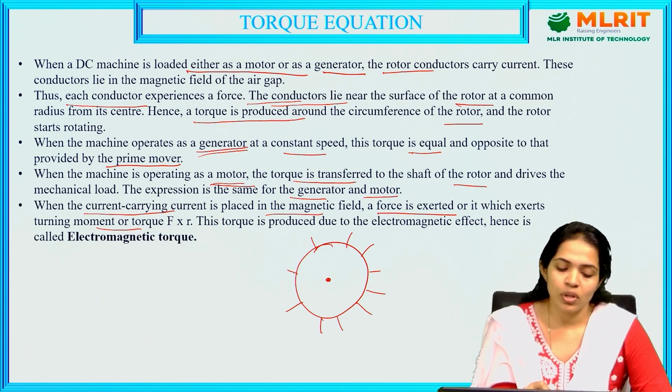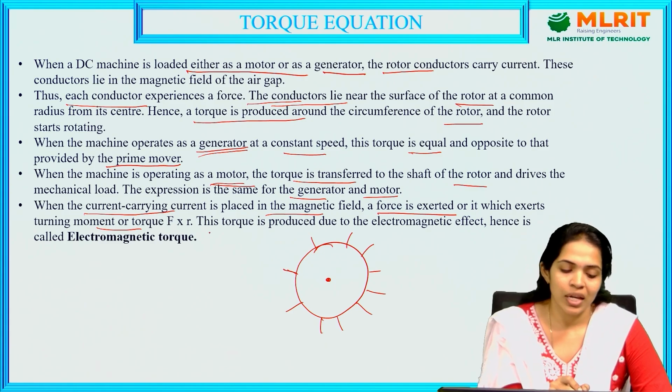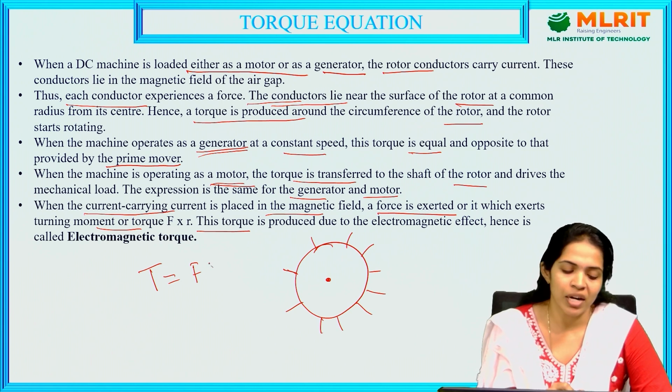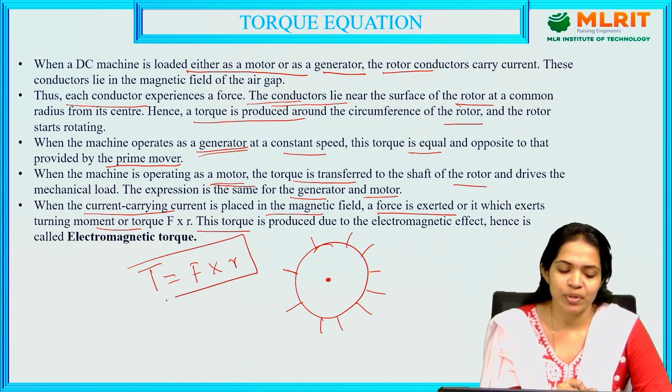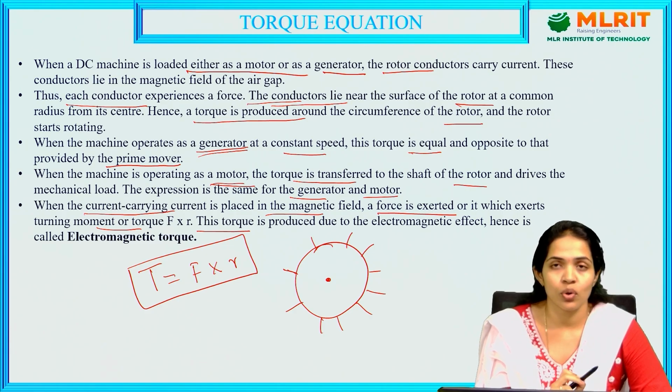As I told, the conductors are placed on the circumference of the rotor drum, so we can consider that the torque is given as the product of the force exerted on the conductors multiplied by the radius of the drum of the rotor. This is how we write the basic expression for the torque. This torque is produced by electromagnetic induction in the rotor conductors.